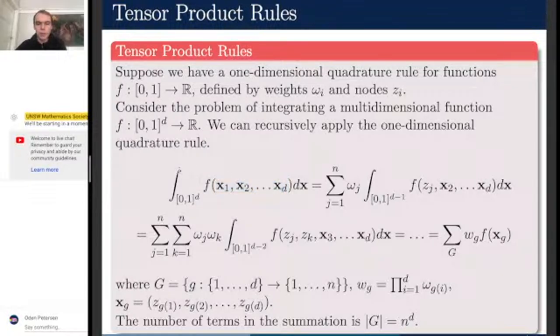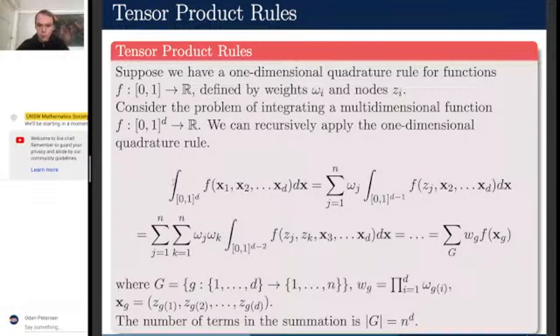And the idea is that this is a bunch of nested integrations. When you have a nested integration, the innermost integration is a function of the variables that the outer integrations are integrating with respect to.